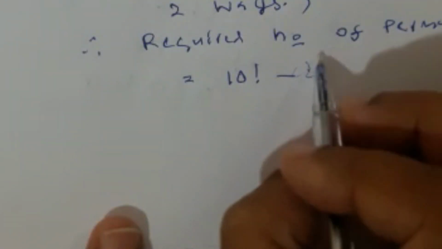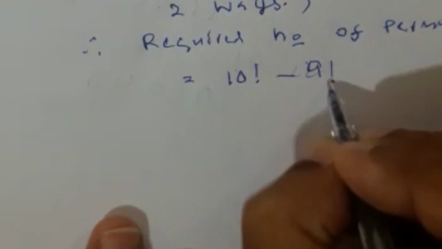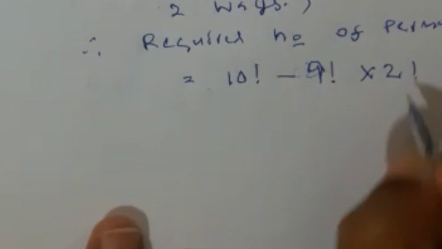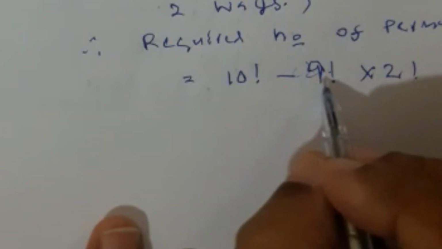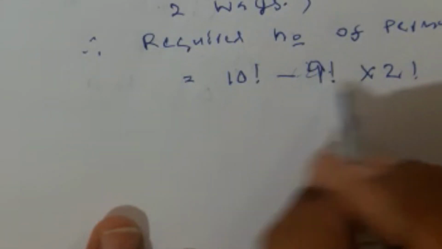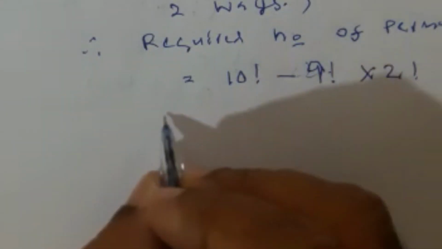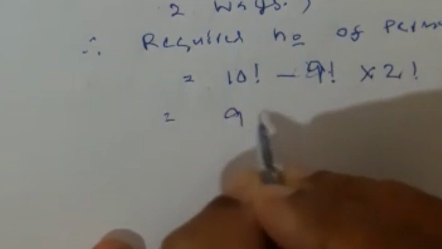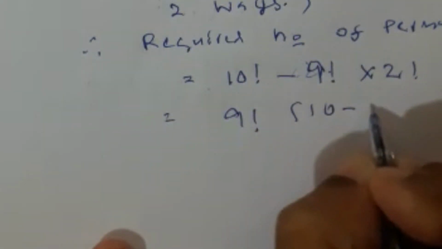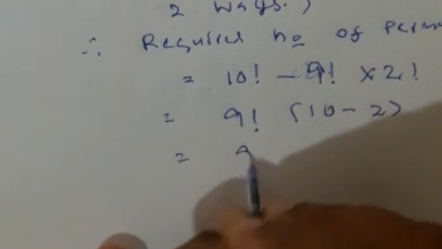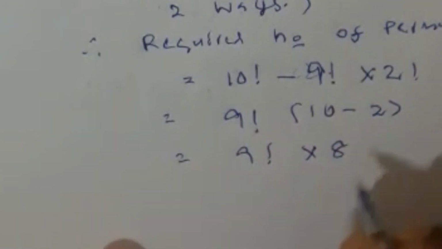If you deduct 9 factorial into 2 factorial, where those two students are standing next to each other, you can take 9 factorial out, then 10 minus 2, so the answer is 9 factorial into 8.